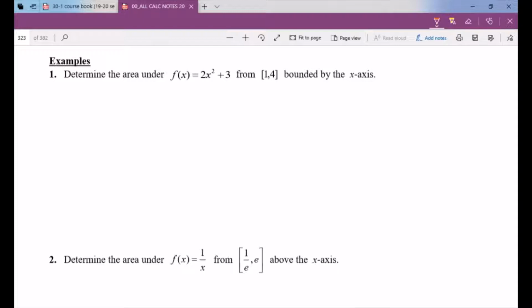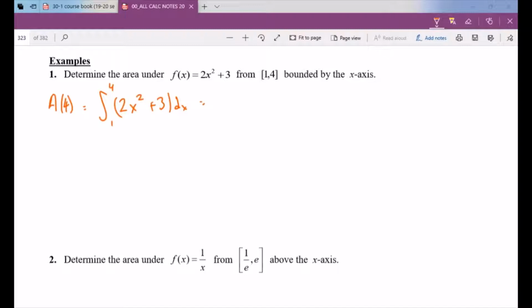So we can call this A4 is equal to the integral from 1 to 4 of 2x squared plus 3. We can't forget our dx, so I'm just going to put that in brackets.